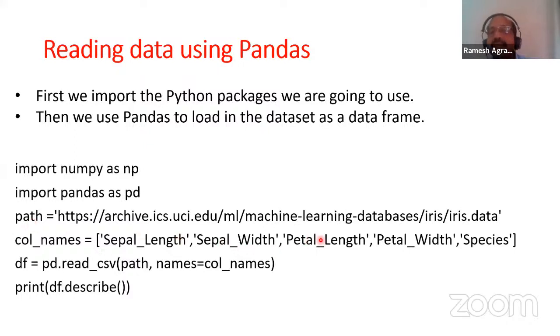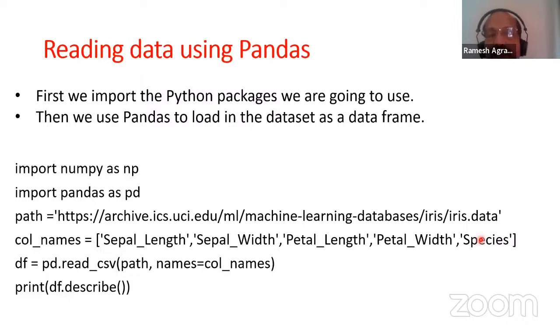Then, as I told you, this Iris data is described in terms of four features: sepal length, sepal width, petal length, petal width. And then it is associated with one of three species. Either it can be Setosa, or Versicolor, or Virginica.